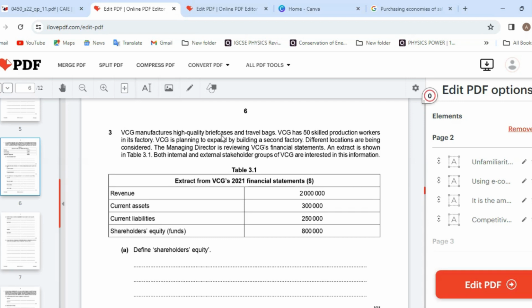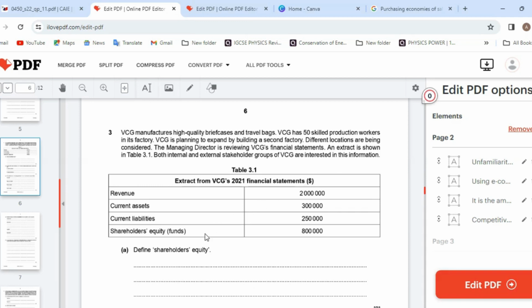Different locations are being considered. The managing director is reviewing VCG's financial statements. An extract is shown in table 3.1, which is this one. Both internal and external stakeholder groups of VCG are interested in this information.